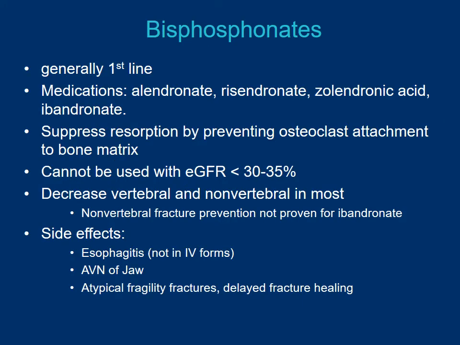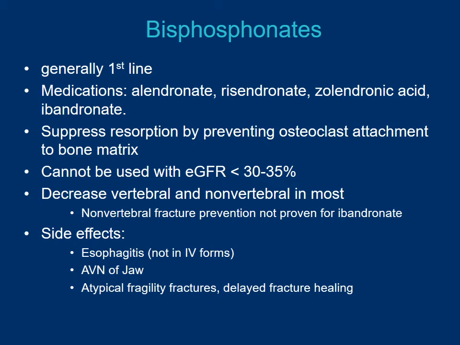To discuss in more detail, bisphosphonates are generally the first line for treatment of osteoporosis. We have many preparations, like alendronate, risedronate, zoledronic acid, and ibandronate. They suppress the resorption of bone by preventing osteoclast attachment to bone matrix, so they are anti-resorptive drugs, as we said.